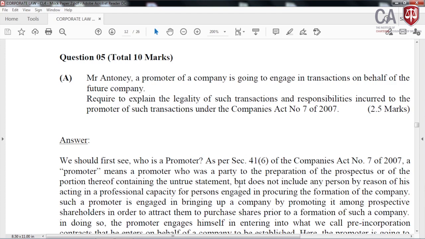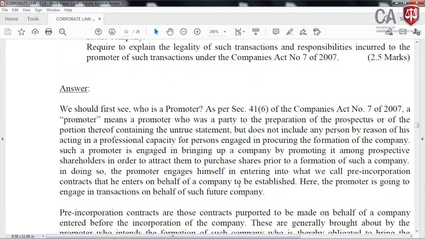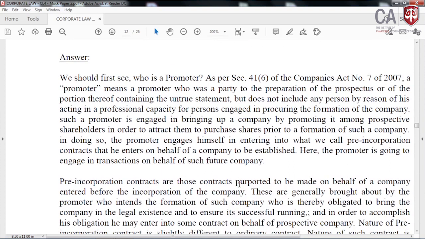So in answering, I have provided a very comprehensive answer yet again. And here I say, we should first see who is a promoter. We need to give a certain clarification in order to enter into our answer.